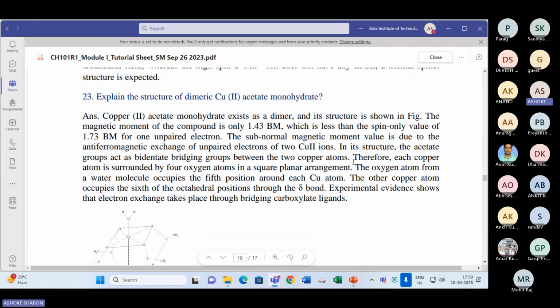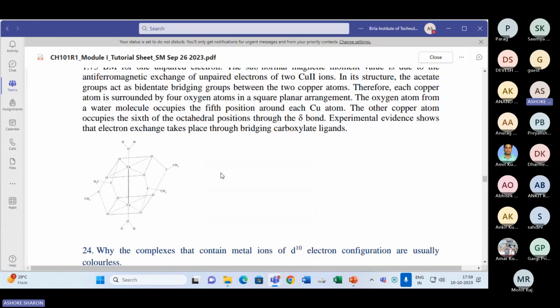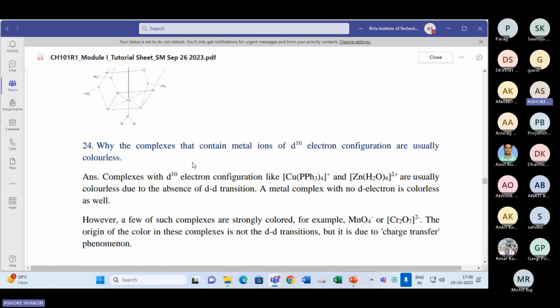Explain the dimeric structure of copper(II) acetate monohydrate. I have discussed these things, why their bond is there and why their magnetic moment is less. Why does a complex with d2 electronic configuration usually appear colorless? What I have discussed for Mn2+ d5, the same is the reason.